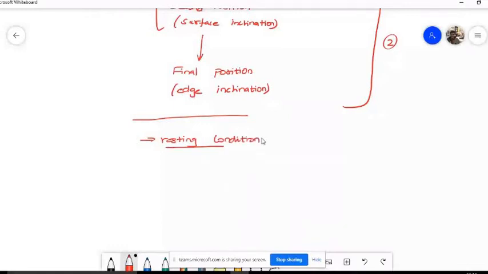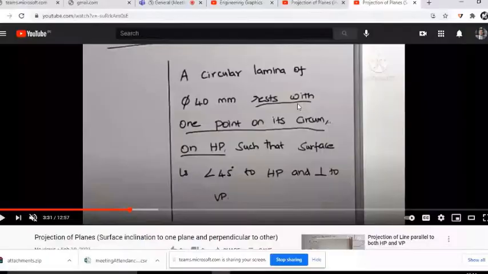For example, in this particular problem, it rests with one point on its circumference. That means in the circumference there are multiple points, and one of them is resting. What they are trying to say is that the plane is resting on HP on its circumference. So this is called the resting condition. Let's see how to solve this problem.